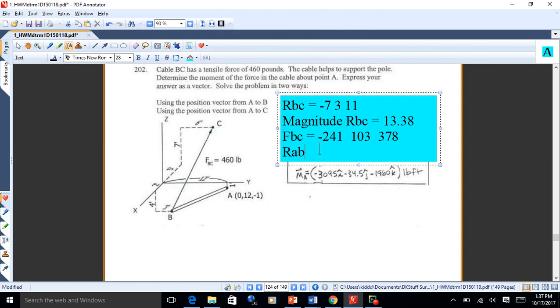So RAB is equal to 2, -9, -3. And then when you do the cross, the moment about A, since we're doing moments about A, is equal to RAB crossed with FBC.